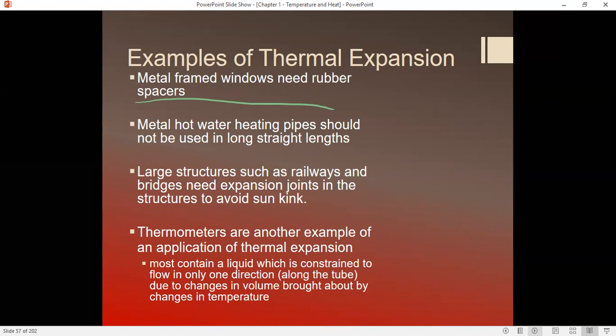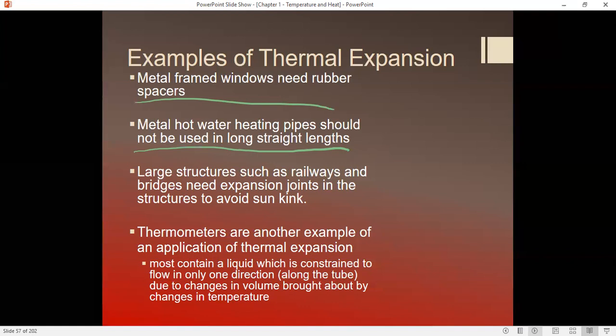Metal hot water heating pipes should not be used in long straight lengths because they will expand or contract. And you can actually hear this sometimes in houses. When the hot water is going through the baseboard, you'll actually hear the expansion take place, and it sounds like knocking.